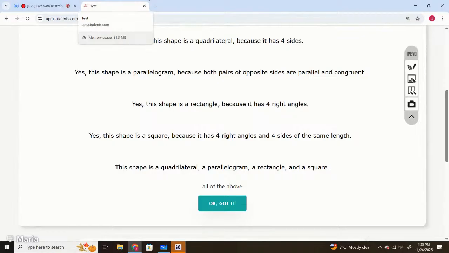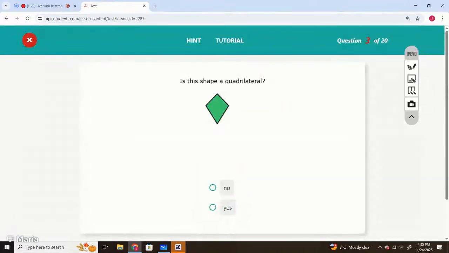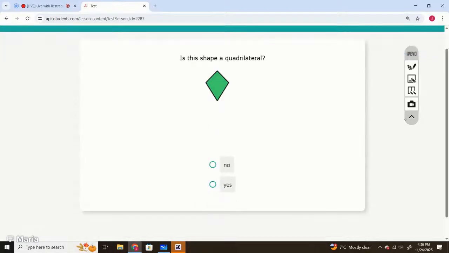The shape is a quadrilateral, a parallelogram, a rectangle, and a square. So that is all of the above. Is this shape a quadrilateral? Yes, it is. That is a four-sided shape, so quadrilateral it is.